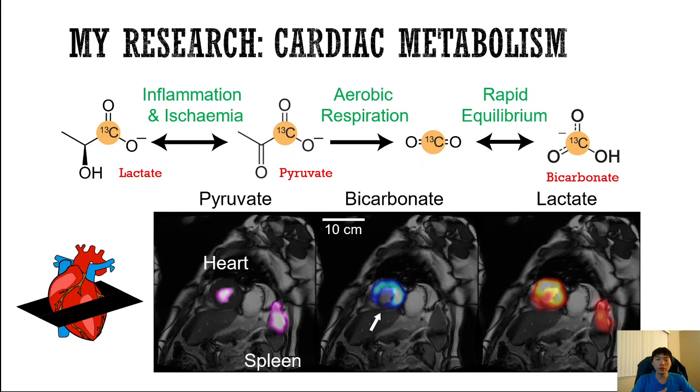When the labeled pyruvate gets converted into labeled carbon dioxide, the carbon dioxide is in rapid equilibrium with bicarbonate, which is an endogenous chemical equilibrium that controls pH in our body. And so what we can see is a signal from bicarbonate.